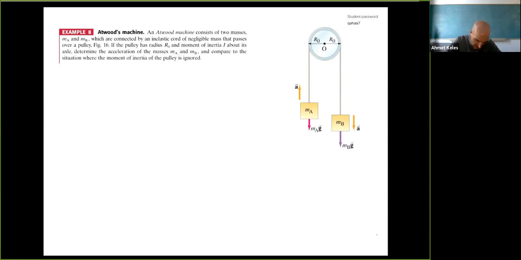Let's write this. Torque is equal to dL/dt, or this is going to be I times omega. But for this case, I think we know the directions, so we can simplify our lives a little bit.